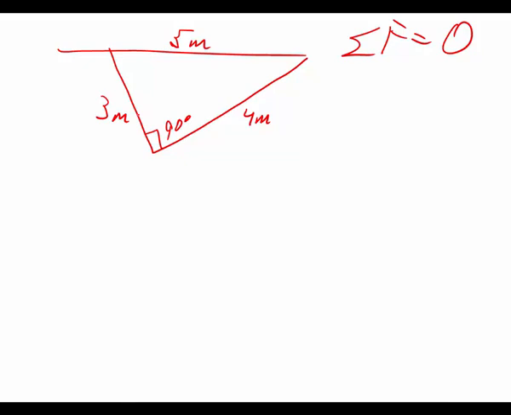We always did it in feet. 6 foot by 8 foot by 10 foot. That comes out to be right, doesn't it? Because what's 6 squared? 36. 8 squared, 64. 64 plus 36 is what? 100. And square root of 100 is 10.